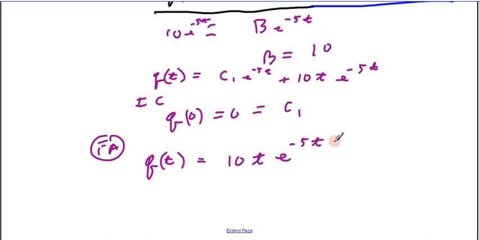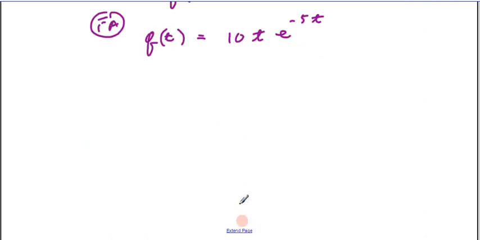All right. Now we want to know the current at time t. Well, the current at time t is the derivative of the charge at time t.